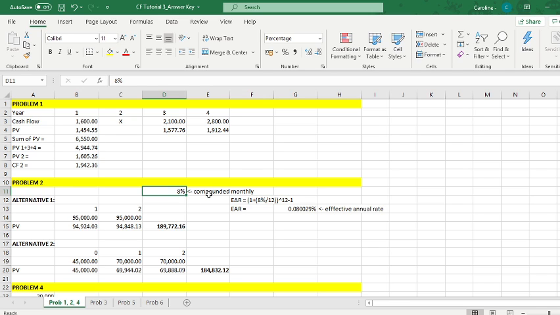Since the money that we are going to receive is on a yearly basis, you need to find the effective annual rate.